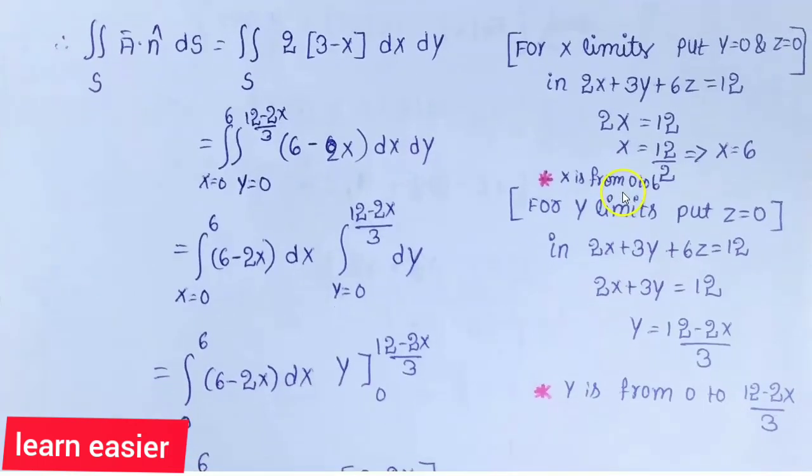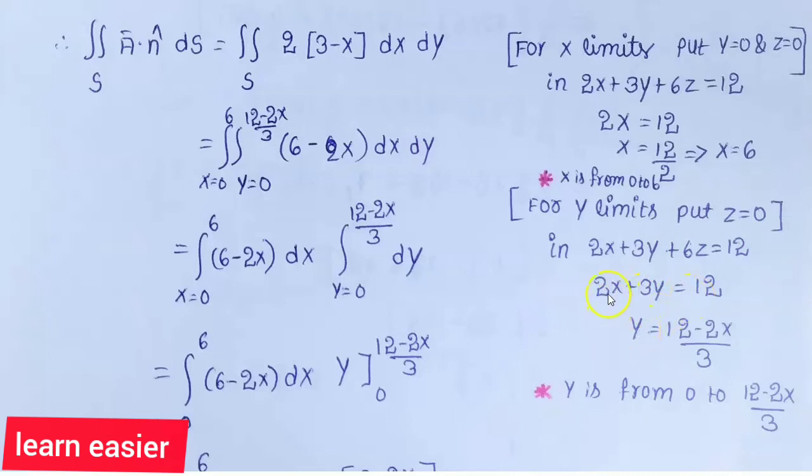Now we have to find the y limits. We know that the lower limit of y is 0, and the upper limit can be found by putting z equal to 0 in equation 5. Here, 2x plus 3y plus 6z equal to 12. Substituting z equal to 0, we get 2x plus 3y equal to 12.